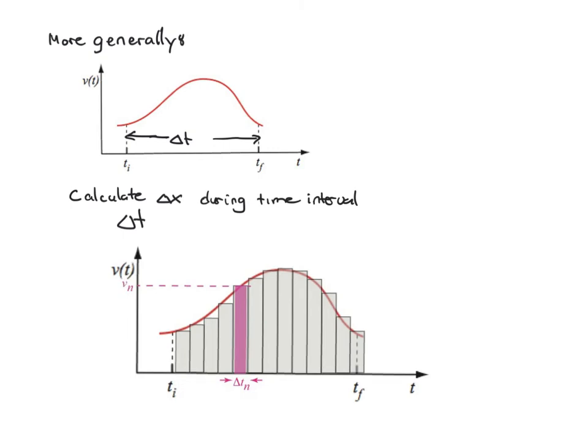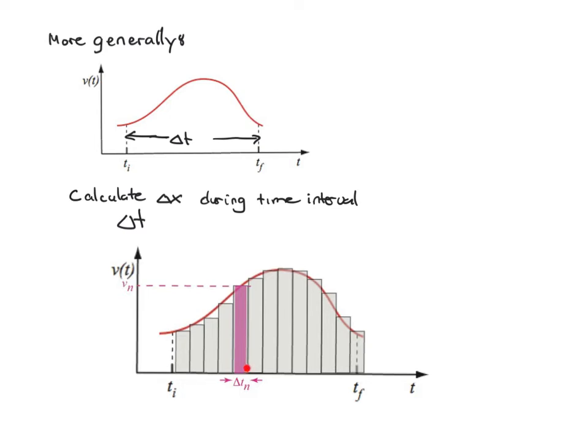Okay, so here's the big idea. I am going to imagine dividing up this time interval between Ti and Tf into little tiny time intervals, and we'll call the duration of each one of these tiny time intervals delta t sub n. And we'll make each one of the time intervals the same width.